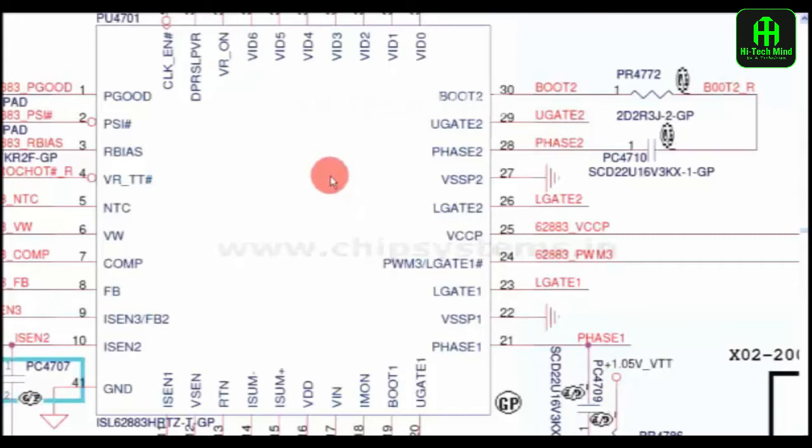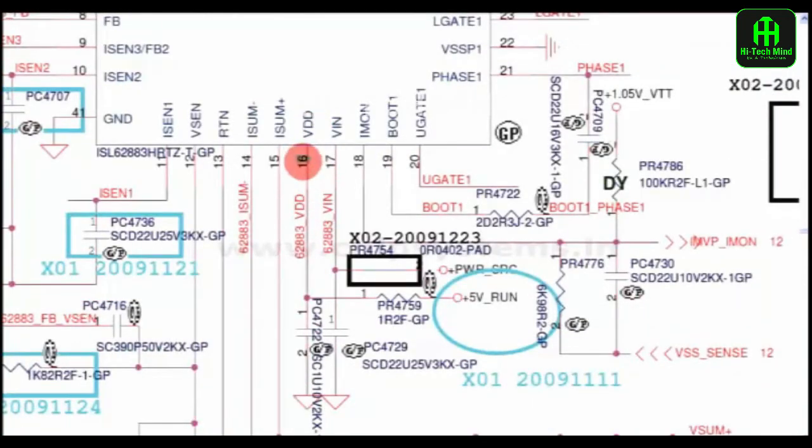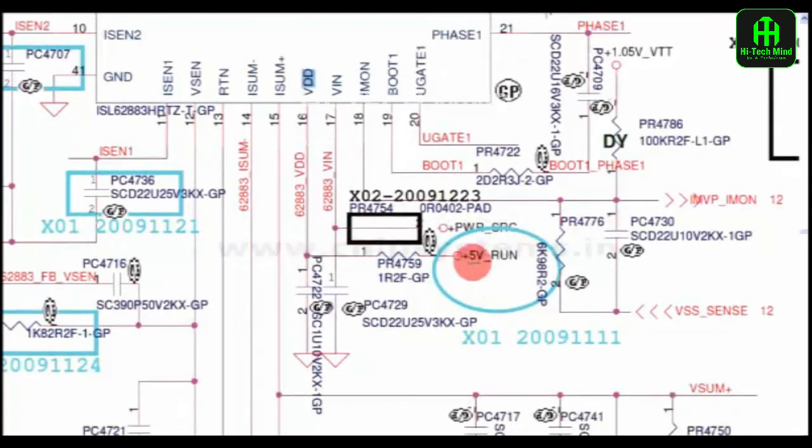Next, IC operating supply. See here, pin number 16 mentioned VDD to connect the 5 volt power supply from the 5 volt regulator power supply of the previous section, connected nearby the power resistor PR4759, mentioned 1 or 2, that means 1.2 ohms.